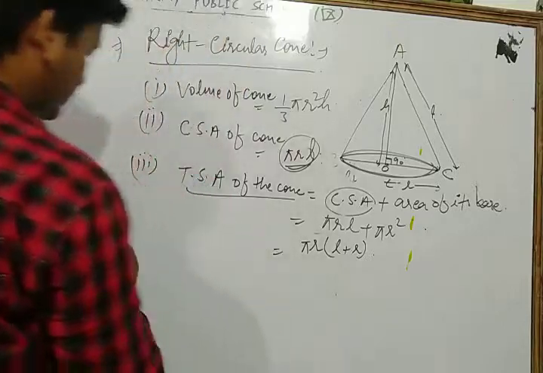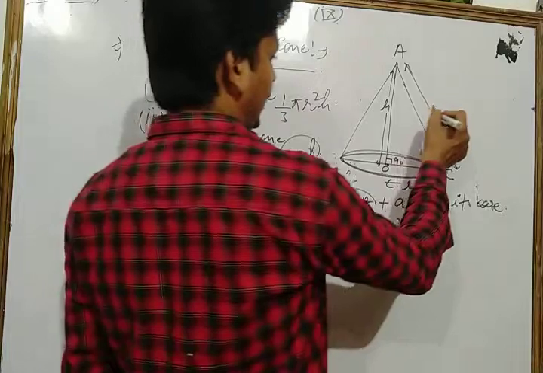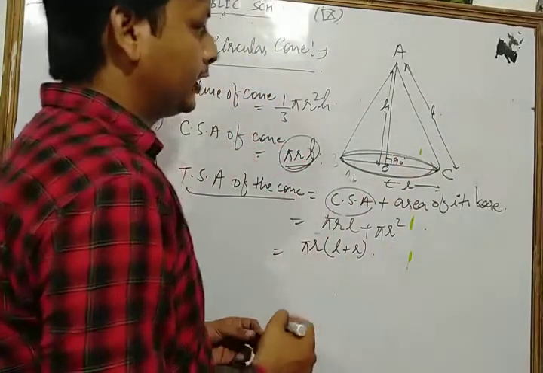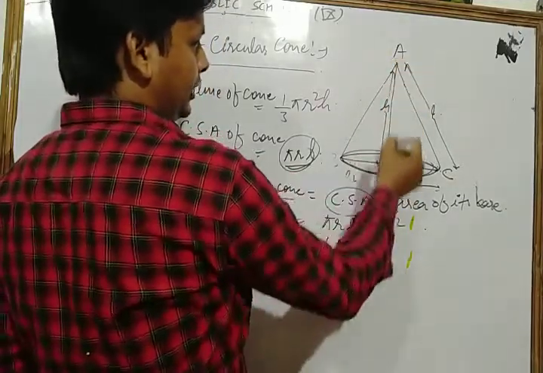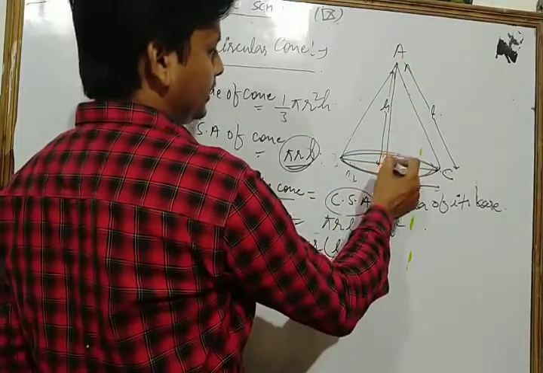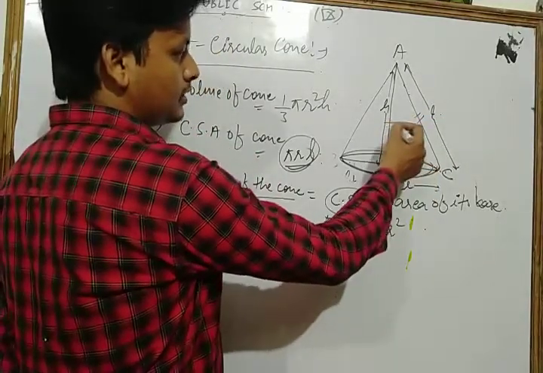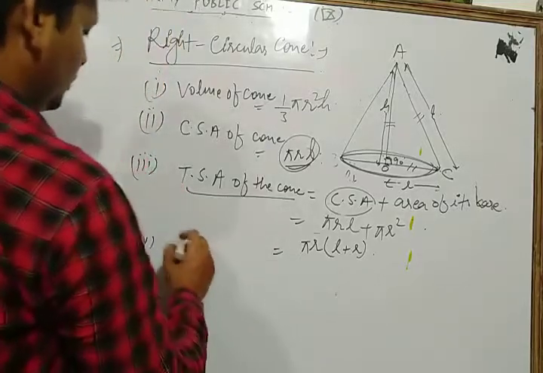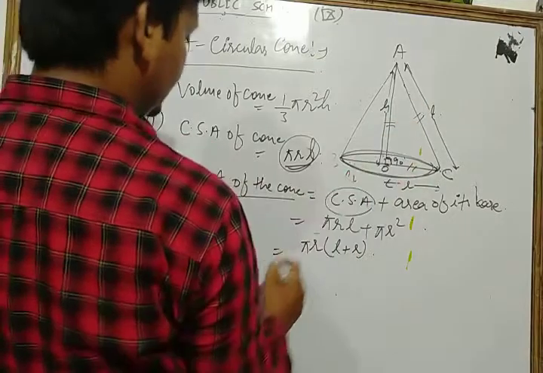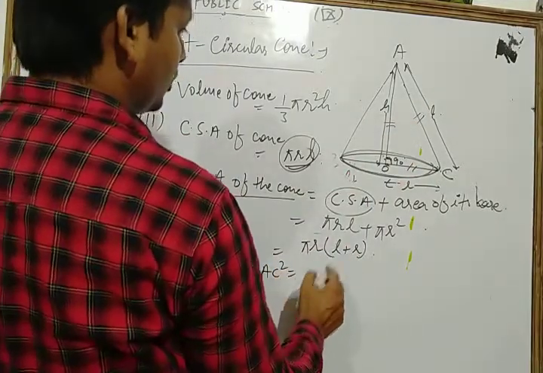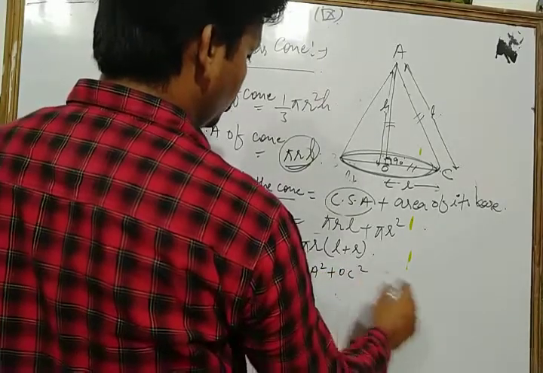Now last, a very important relation between H, L and R. Let's see in the diagram. Here AOC is a right angle triangle. So we apply the Pythagoras theorem: hypotenuse square is equal to base square plus perpendicular square. In triangle AOC, AC square is equal to OA square plus OC square.